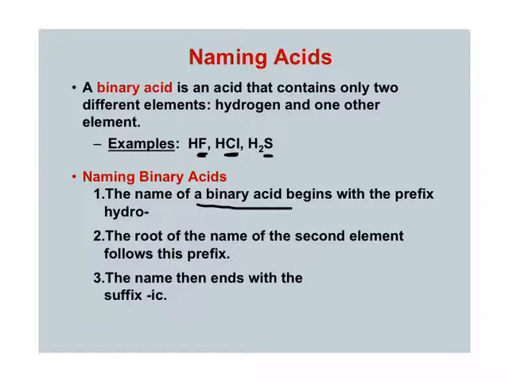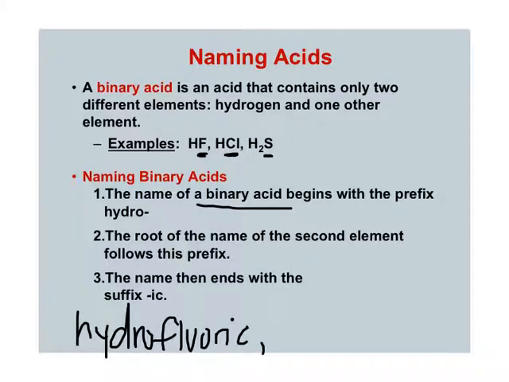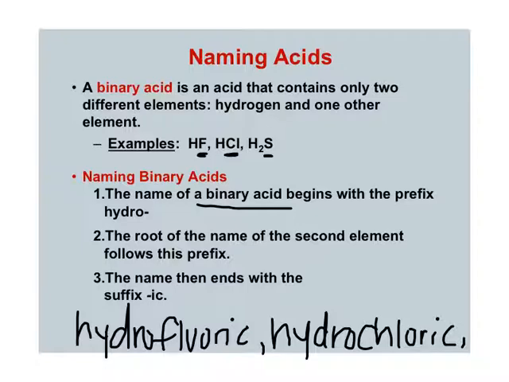Up here at the top, the first one is hydrofluoric. The second one is hydrochloric. And the third one is hydrosulfuric. It has to have that hydro up front if it's just two things, okay?